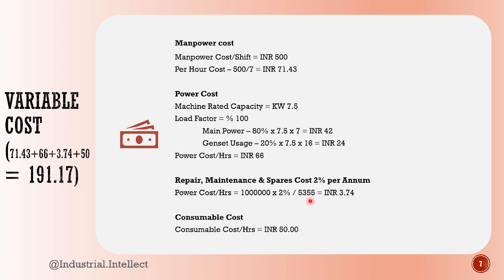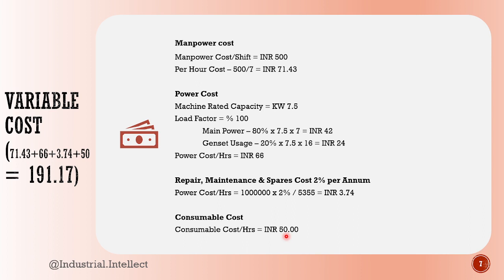Then the consumable cost also would be there. So normally in industry, the cutting machines I'm talking about, like the CNC, the turning center, the vertical machining center, HMCs. Considering everything, like the inserts, the different cutting tools and the different consumables, normally it's 50 rupees per hour cost.